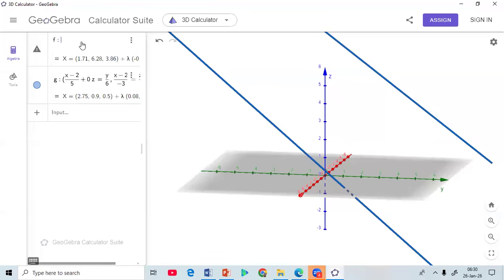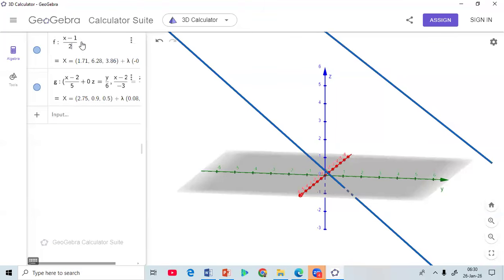But me, I'm going to just do it like this: x minus 1 out of 2 equals y out of negative 1 equals z plus 3 out of 1.